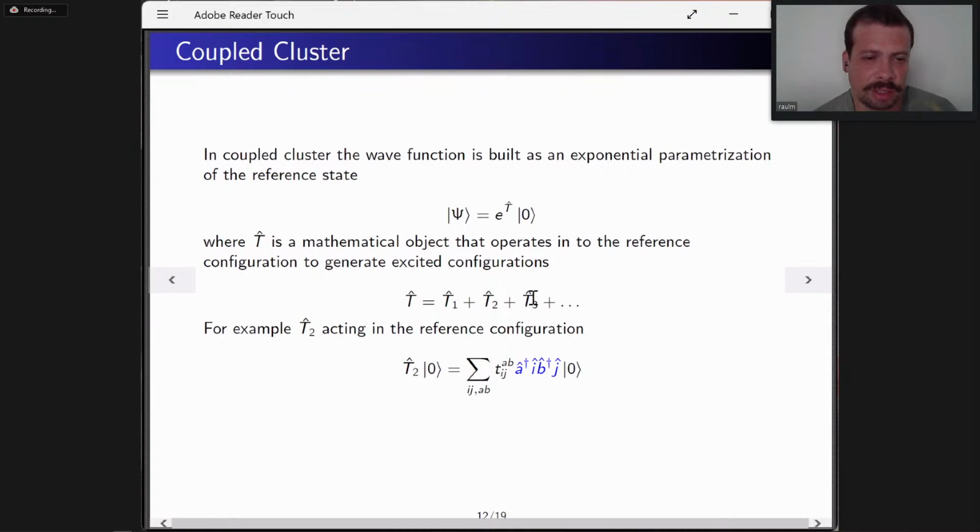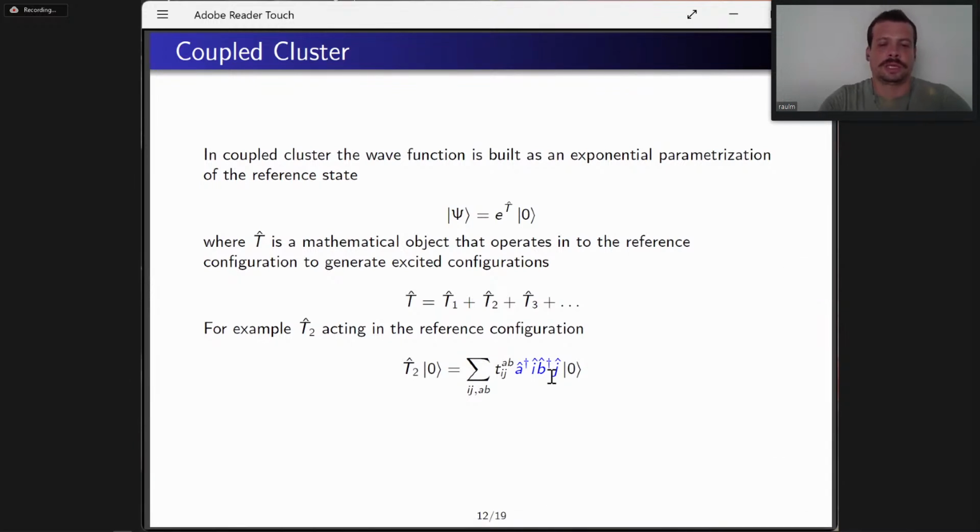So let's take as an example, what does T2 do to the reference state? What it does is create all the possible doubly excited state configurations. So we are creating a sum here of all possible doubly excited state configurations.